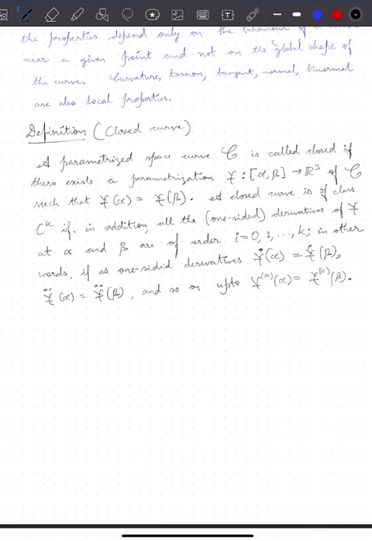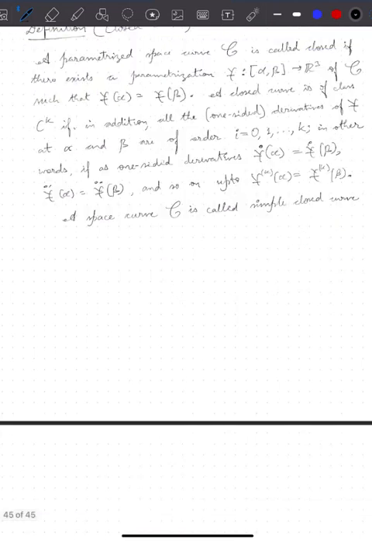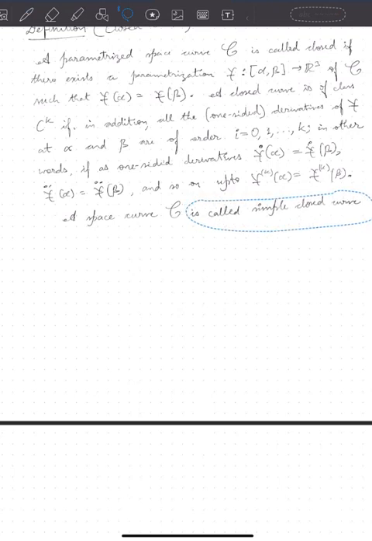Now a space curve C is called a simple closed curve if it has no self intersections.